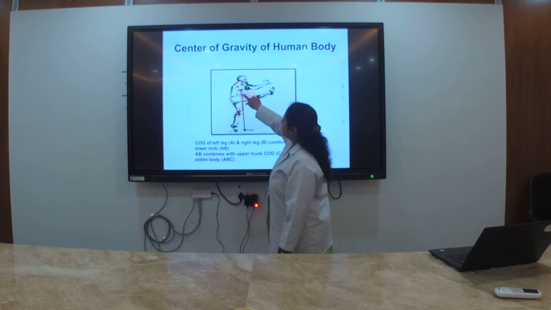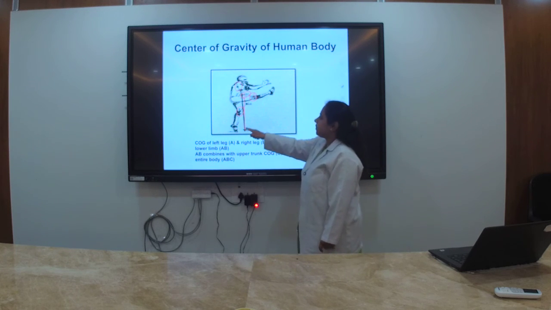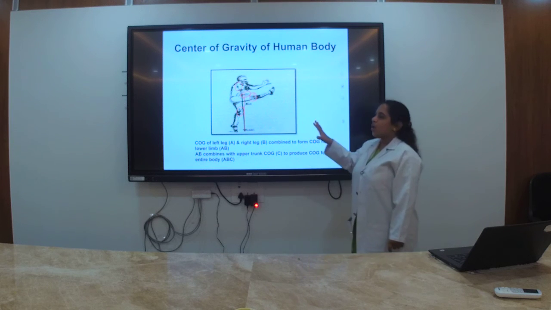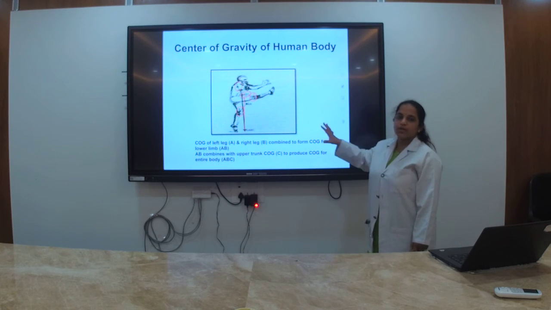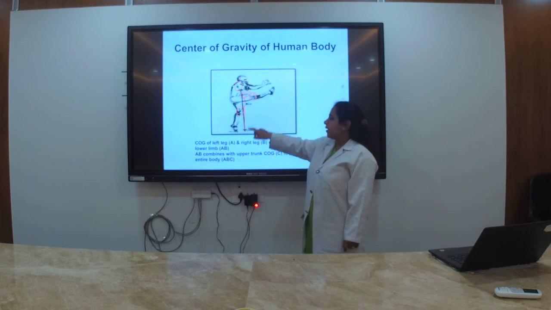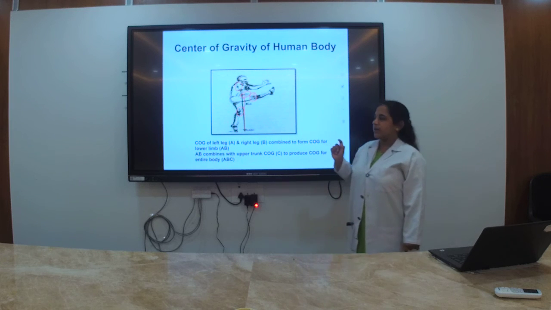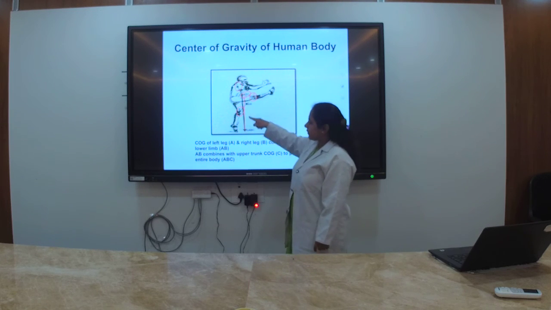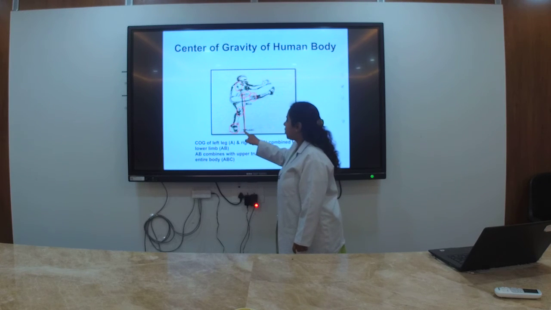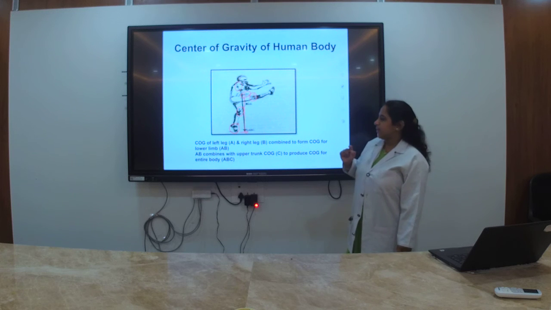A plumb line drawn from the center of gravity to the base of support is the line of gravity. So this is one example of extreme rearrangement of the body segments where the center of gravity is shifted outside the base of support also, and it is outside the body. So here the line of gravity is falling outside the base of support, so the object is said to be very unstable.